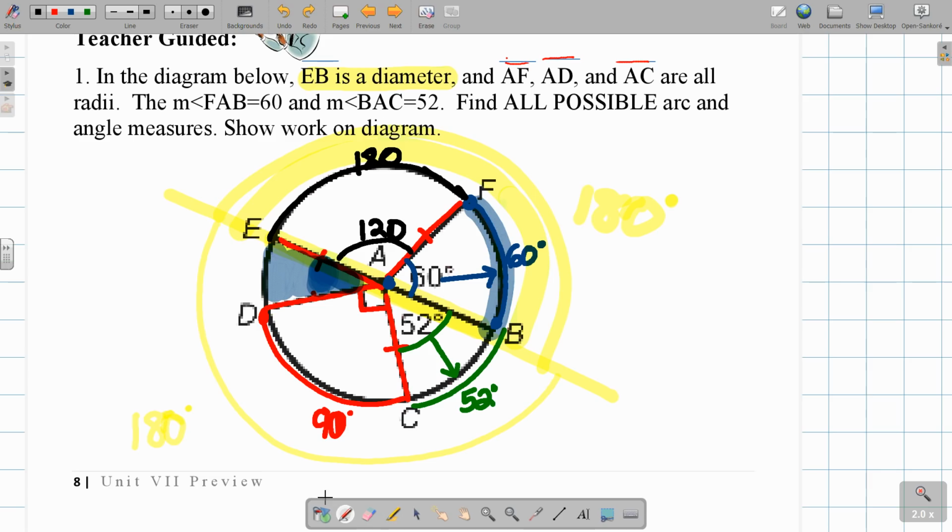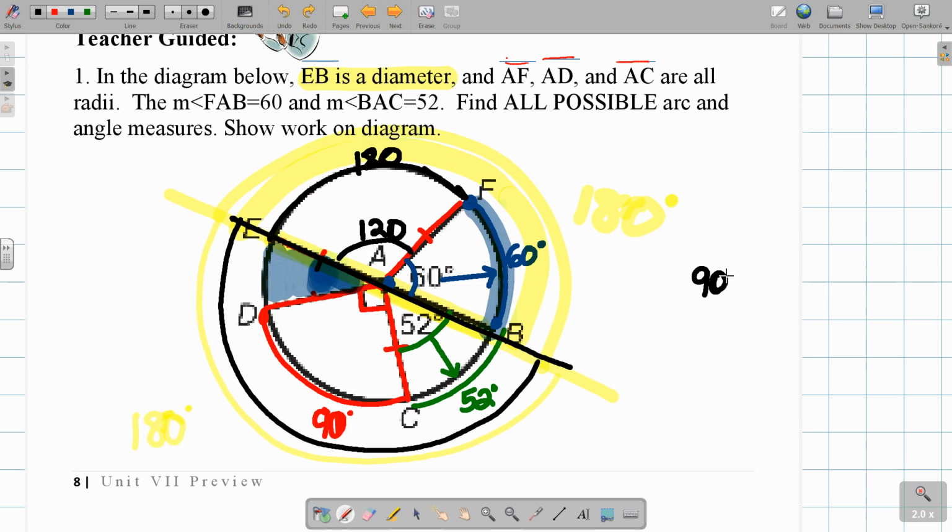All righty, students, if you spotted the 180, then you can go like this, of course, and you can add 90 and 52, and take it away from 180.